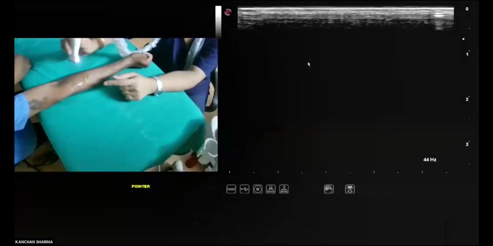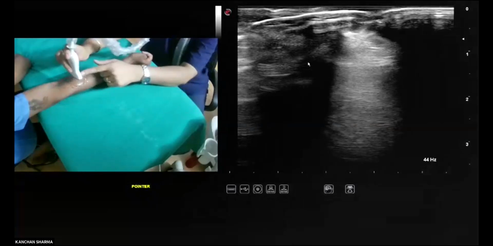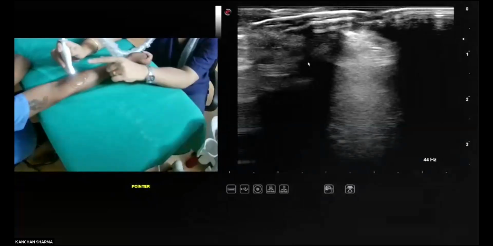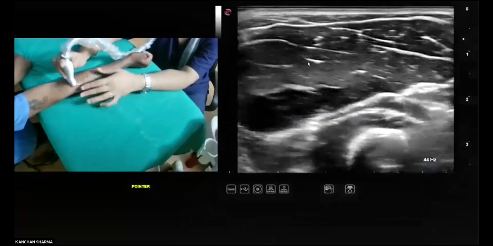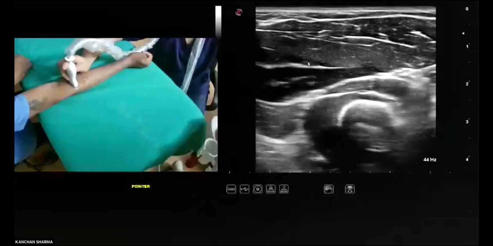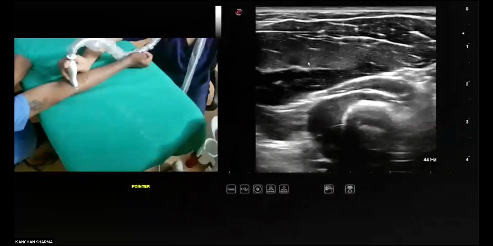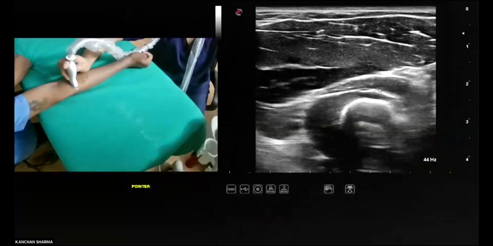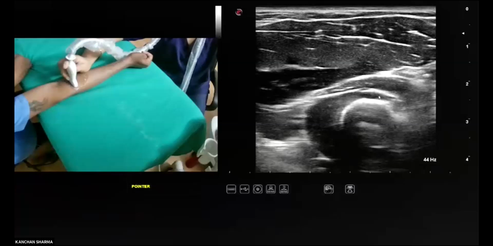So what you need to do is, this is the probe. The probe is in short axis. The marker is towards the lateral side, and this is the medial. Let me increase the depth so that it is nicely visible. Now you put your probe over the radius, and the radius should be in short axis. Look for something like this. One here, one here.